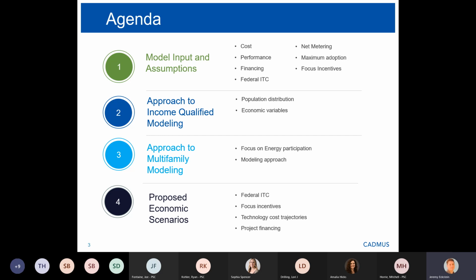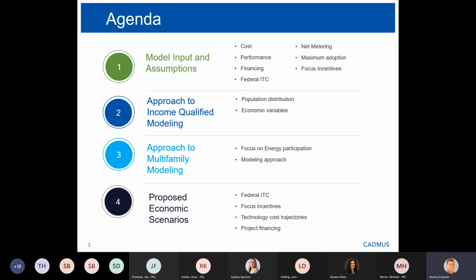Our agenda today is to cover first some of the model inputs and assumptions that we're using with the NREL DGen model. So we'll be looking at our cost, performance, financing, incentive, and ITC assumptions, and we'll look at those separately.